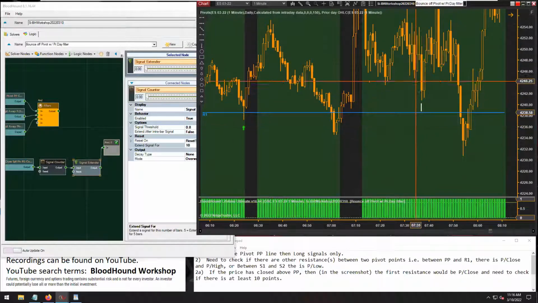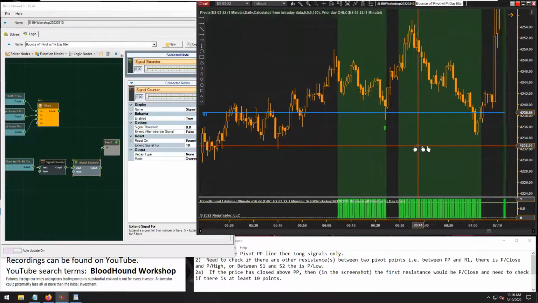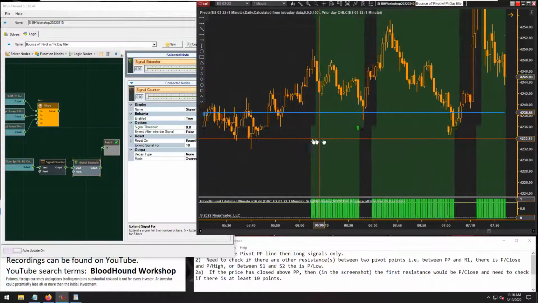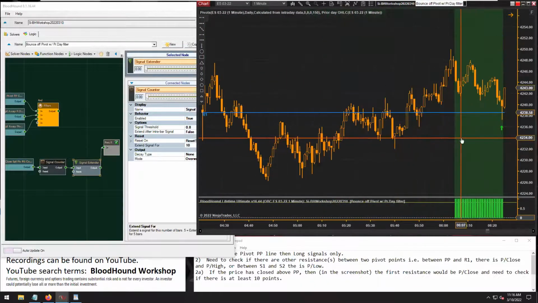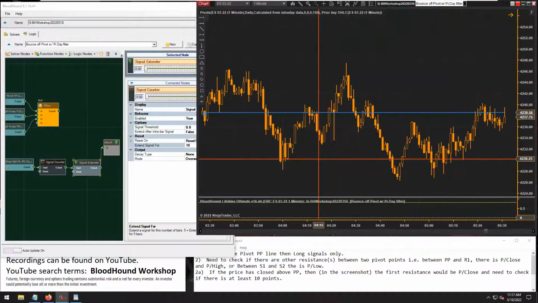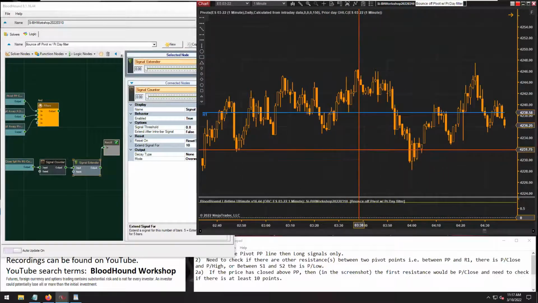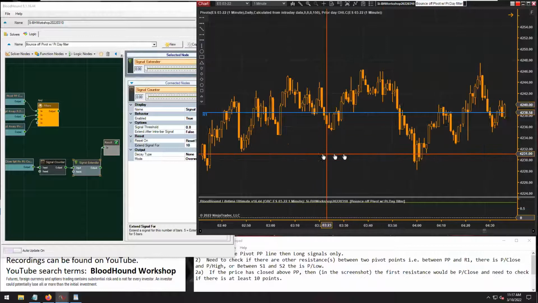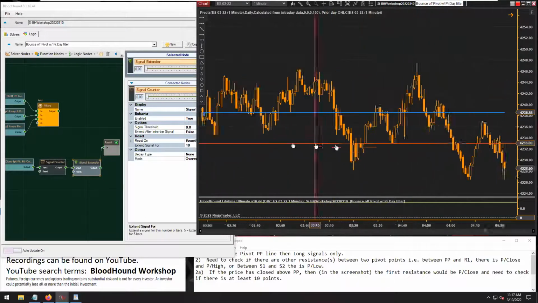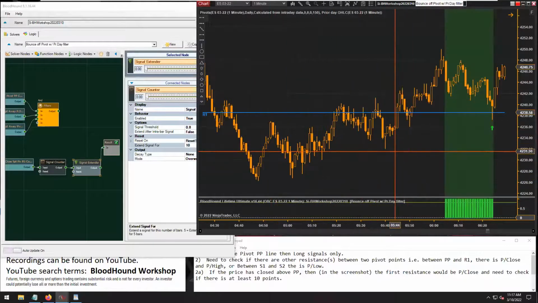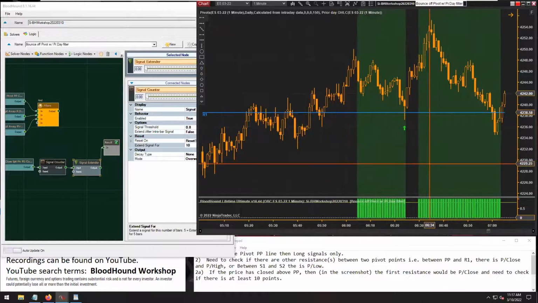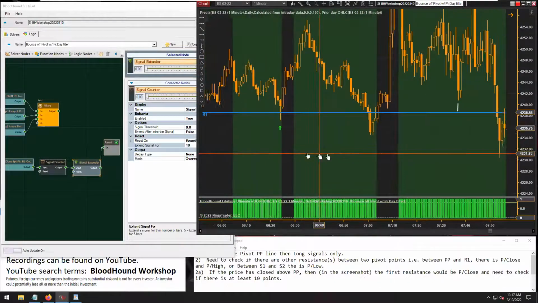So whether that came close enough for a bounce, again, very subjective. So let's see here. Yeah, we don't really have any good, clean examples here of this.